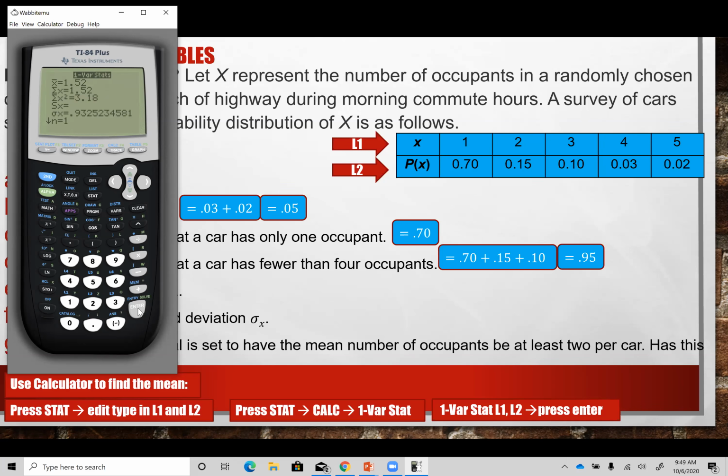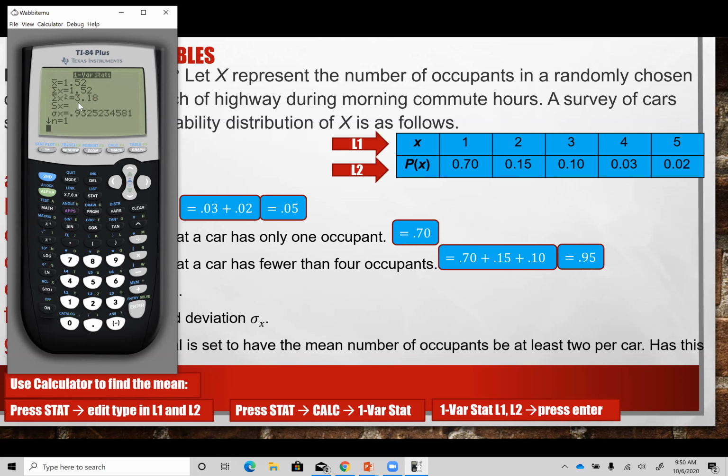Again, ladies and gentlemen, the 2 pieces of information that we need are x-bar, which is your mean, and sigma, which is your standard deviation. So x-bar is 1.52, that is my mean, and the standard deviation is 0.9325.